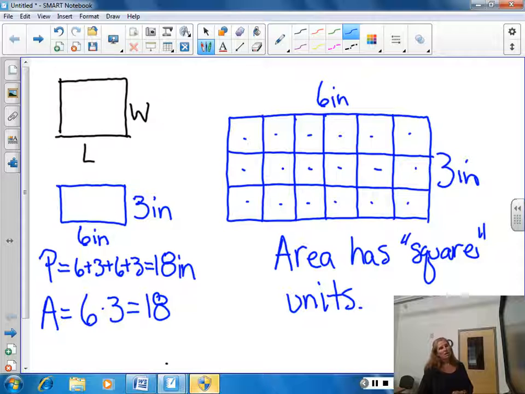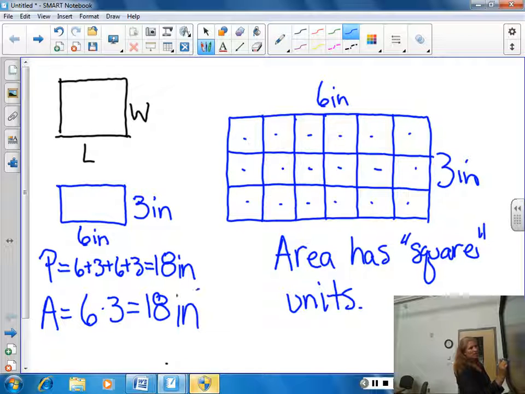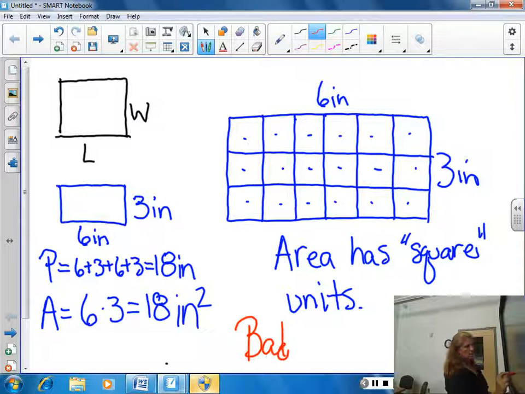And so we talk about square units, and you can write out the words square units if you want, or you can write it this way. We have inches, and squared means to the 2nd power. So we have 18 square inches, or inches squared. What we don't want to do, this is bad, you do not want to write 18 squared inches.